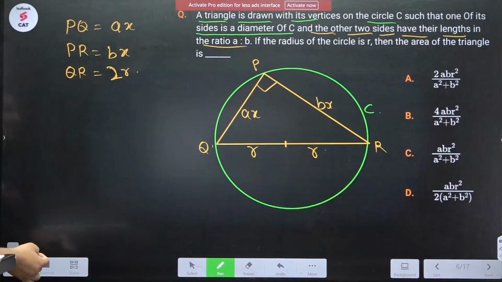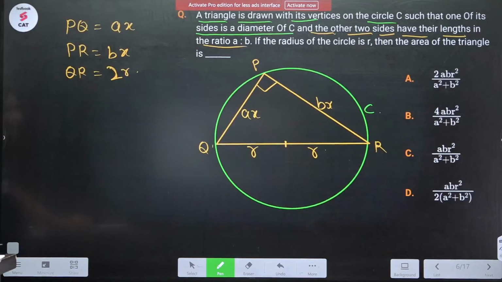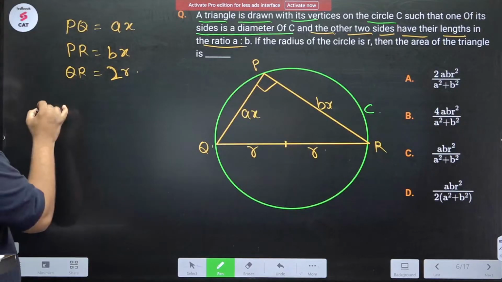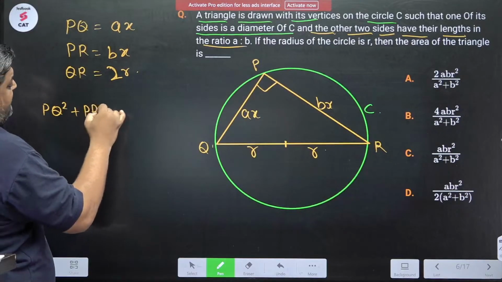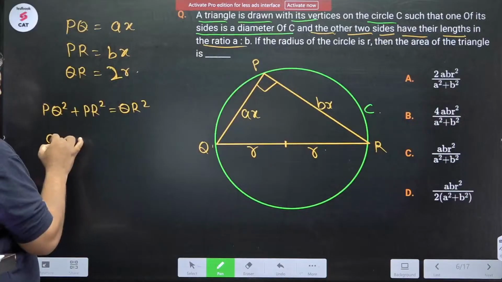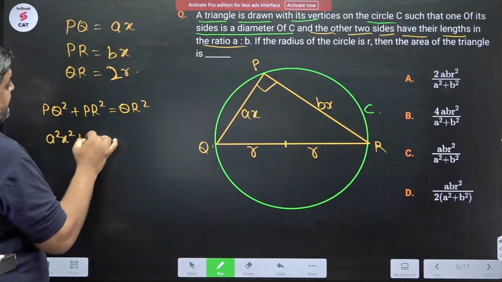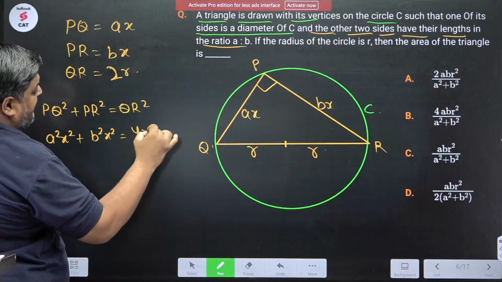Being a right angled triangle, Pythagoras theorem would be applicable over here. PQ square plus PR square would be equal to QR square. So I have A square x square plus B square x square is equal to 4R square.